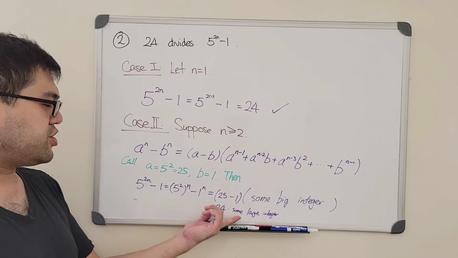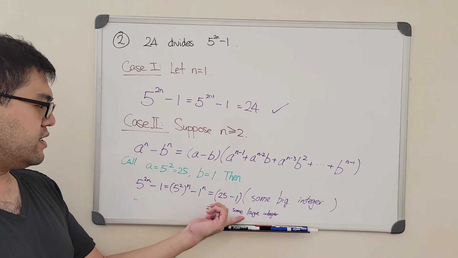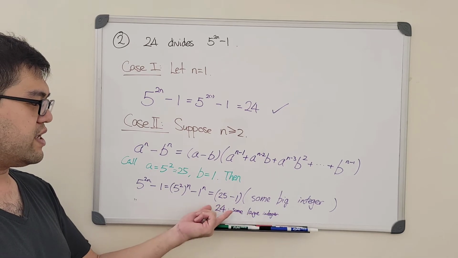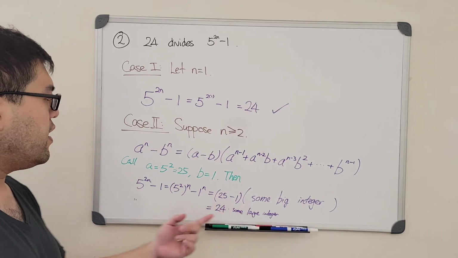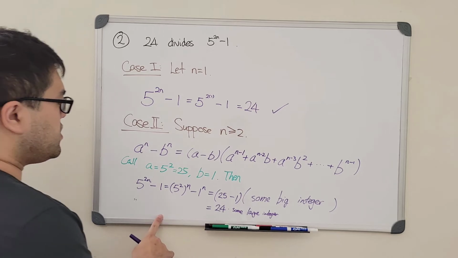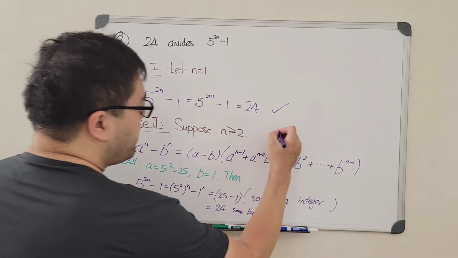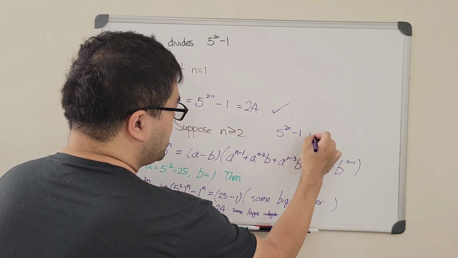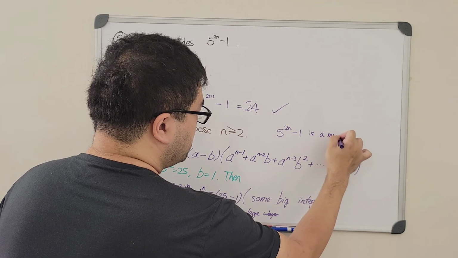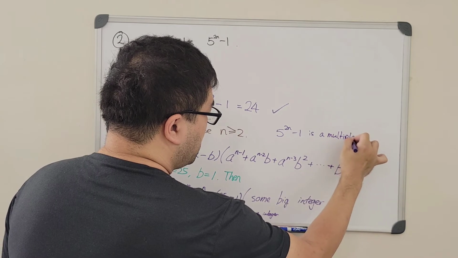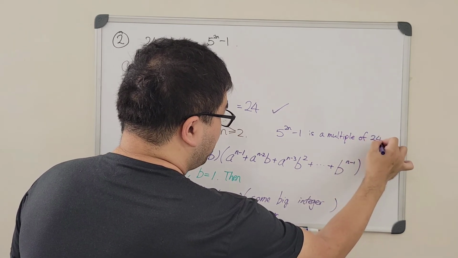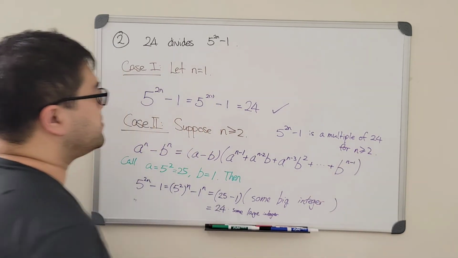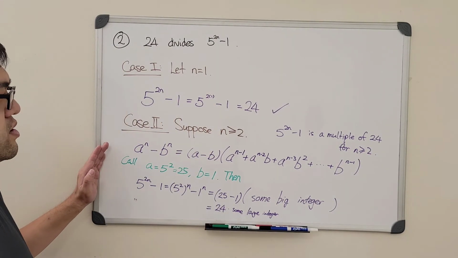Then we just show that this is a product of 24 and some integer, meaning that this is a multiple of 24. And therefore, we just showed that 5 to the 2n power minus 1 is a multiple of 24 for n greater than or equal to 2 in the second case.